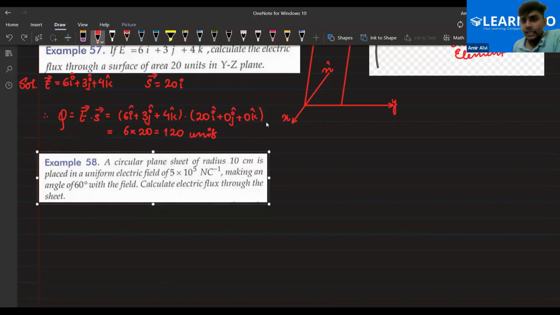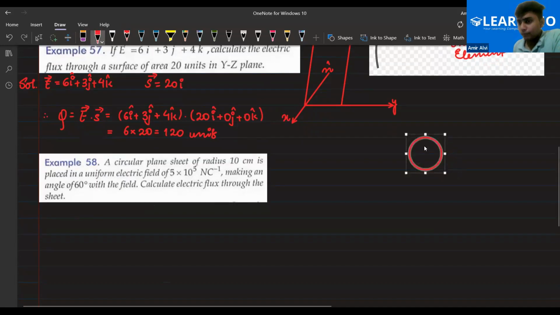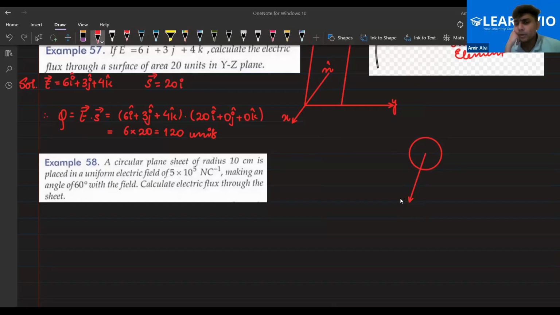So Abhyas, the circular area is like this. Basically the front side of the circle is completely plain now. It's like a plane surface. So the area vector would be like this, yes or no, Abhyas? Yes, perpendicular to the plane surface. Is it so, yes or no?